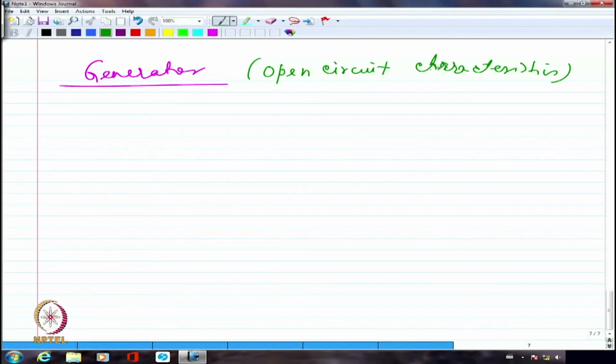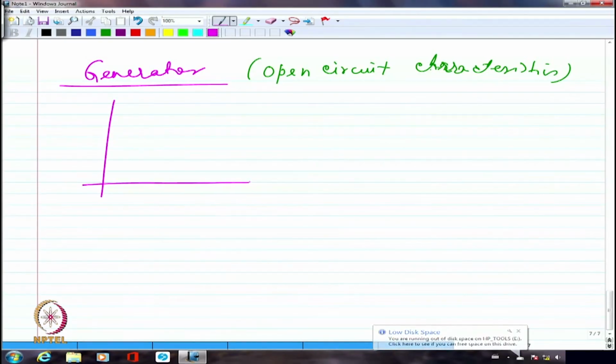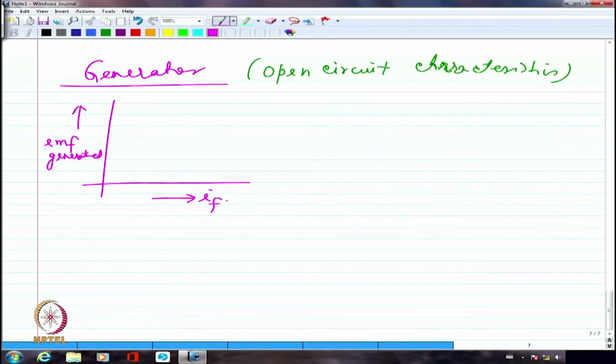The open circuit characteristics of a generator essentially show, on the y-axis, the overall EMF generated by the machine, and on the x-axis the field current IF that you are passing through the machine at a given speed. If I am running the machine at some omega, this is the EMF generated.